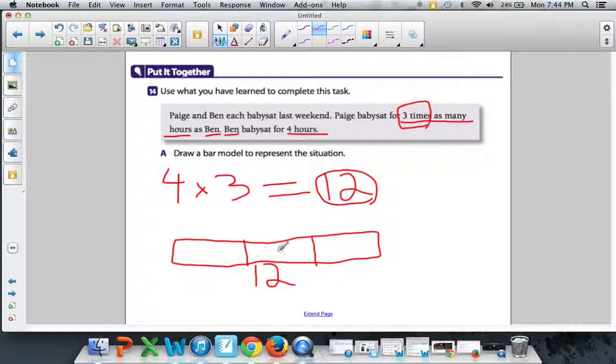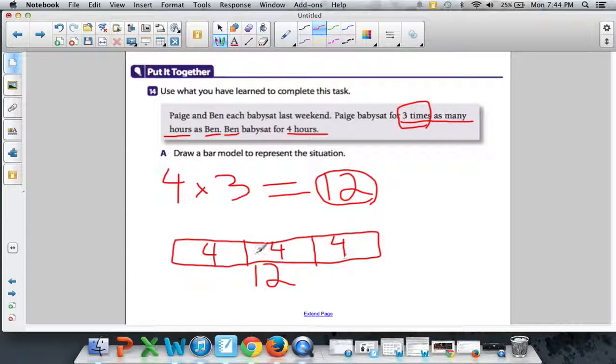I've got 3 different spots in that bar now. Now I just need to write the number that is getting times by 3, and that is 4. So I write that right there, right there, and right there. And oh my goodness, look what we have here, a perfect bar model.